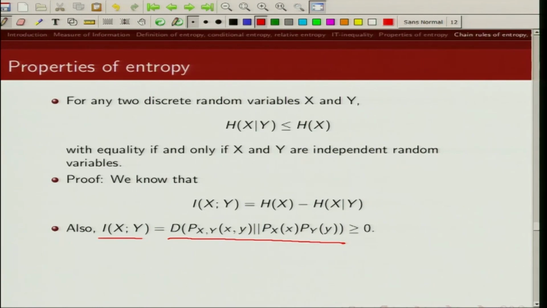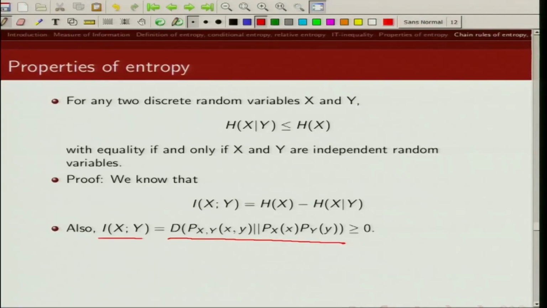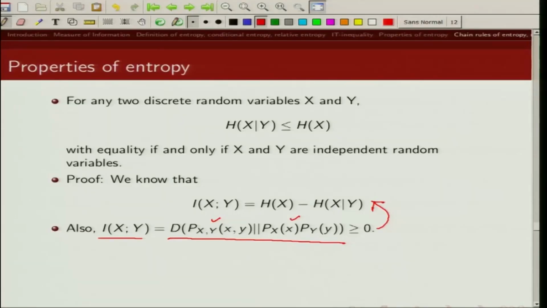And we have shown that divergence between two distributions p and q is always greater than or equal to 0. So using those results, mutual information is also greater than or equal to 0. Now we plug that in here, and we have proved that H of x is greater than or equal to H of x given y.